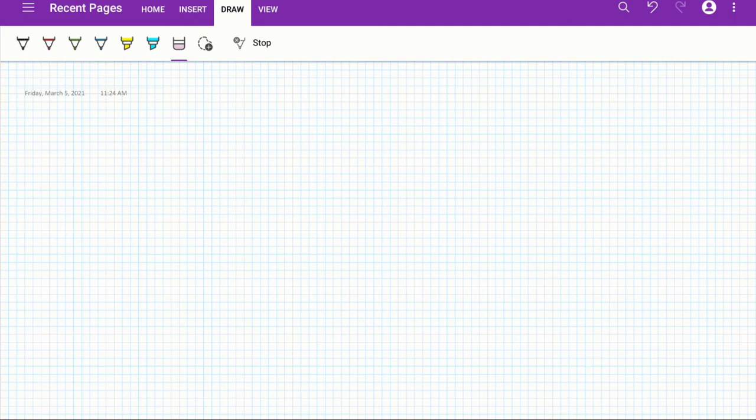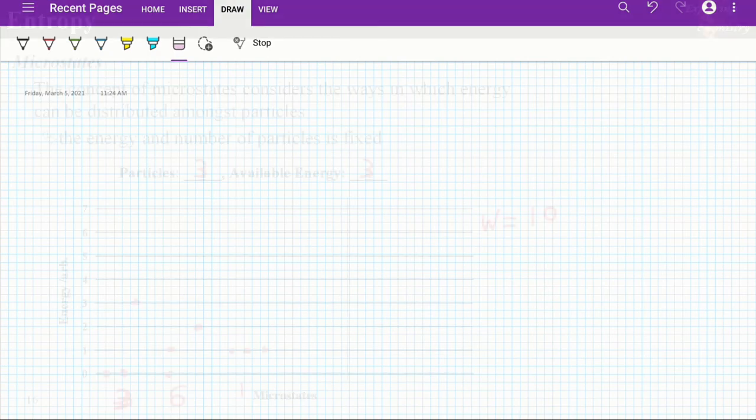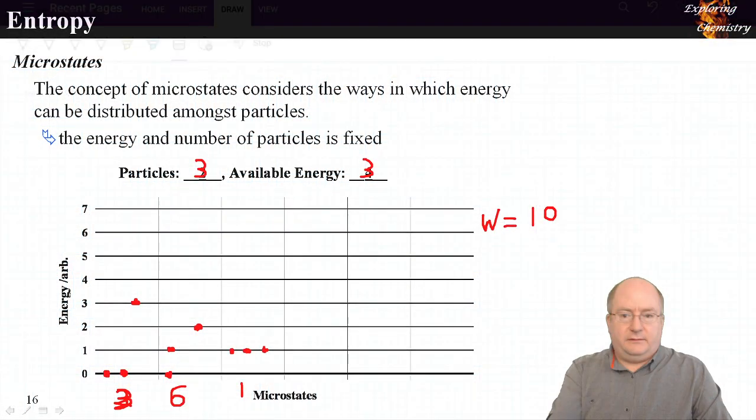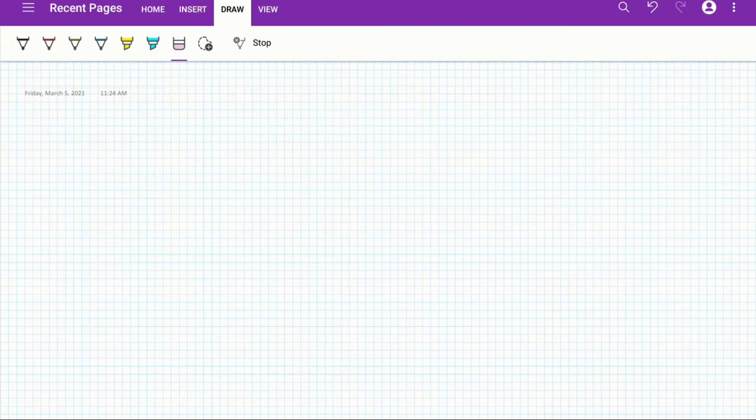So the question from the chat is, why is that equal to 6? Actually, I'm going to do it over here. It's going to make my life easier. And you can look at it in the distribution. If I have energy levels 0, 1, and 2, and we start putting molecules in there, we have molecules A, B, and C. It can go A, B, C, A, C, B, and then we put a different one down below.